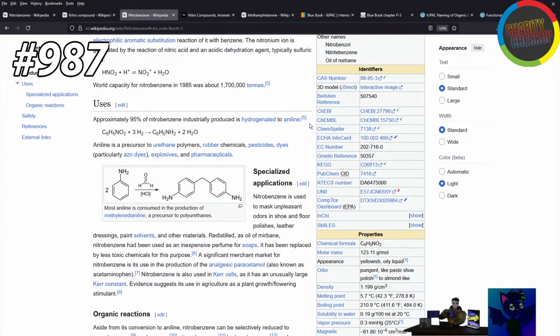When it comes to nitroglycerin, the reason why I know so much about it is because before I actually started to learn chemistry, I had a chemist friend, and they taught me a whole bunch of, at the time, fun things.